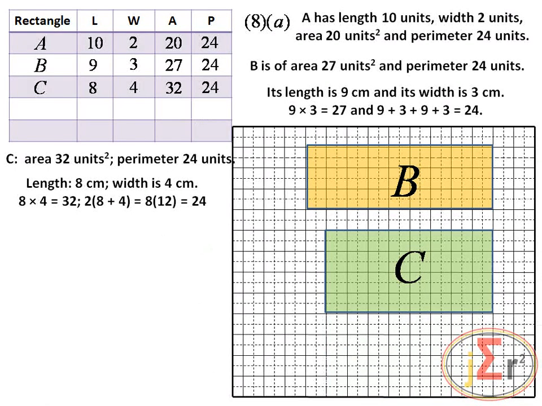How can we be sure that if we have an area of 32 units squared, that the length is 8 and the width is 4? That we'll take a look at in a short while.